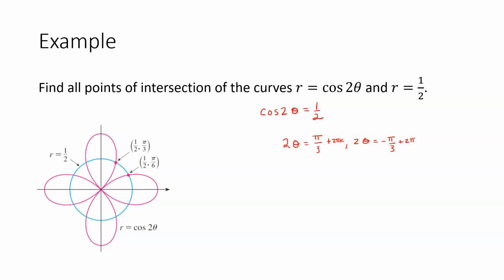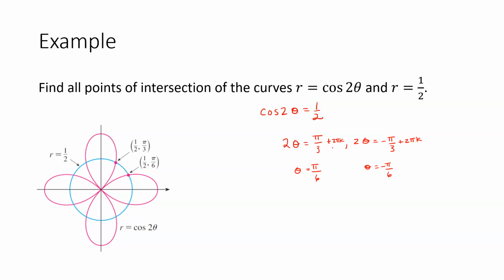But let's just, for instance, now think about the first quadrant case where we say 2 theta is equal to pi over 3, so theta is equal to pi over 6. Or here, 2 theta is equal to negative pi over 3, so theta equals negative pi over 6. And we can add multiples of pi to that to generate more solutions.